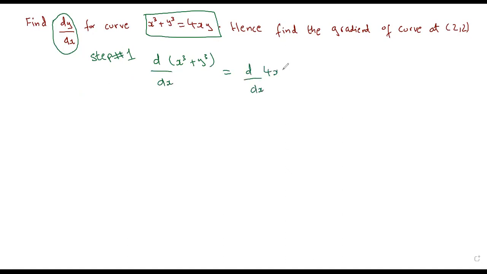So this is basically d by dx of x cube plus d by dx of y cube equals, now here I can directly, what rule am I going to use here?